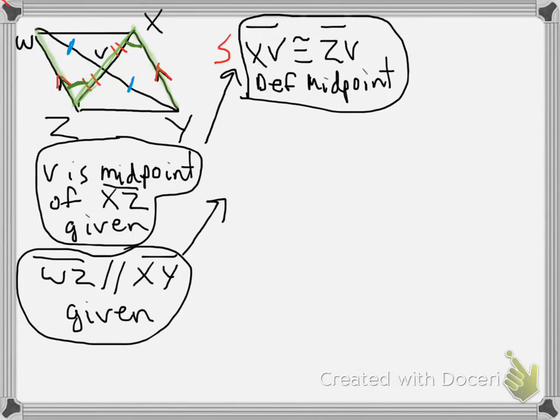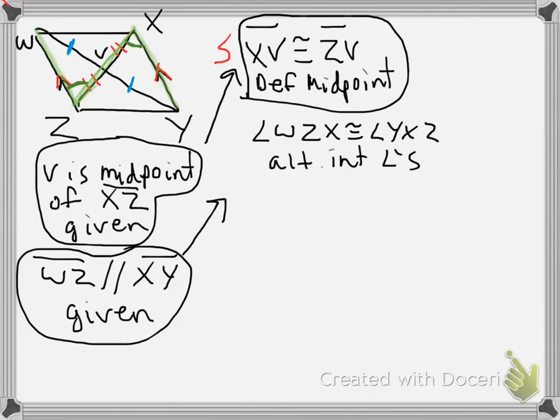That angle, the first angle, angle WZX, is congruent to angle YXZ because they're alternate interior angles.